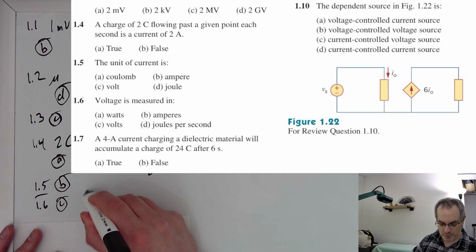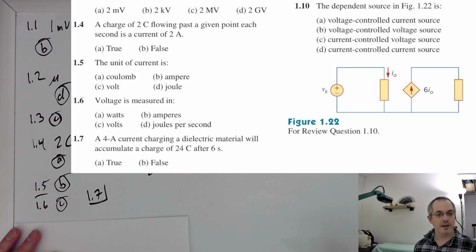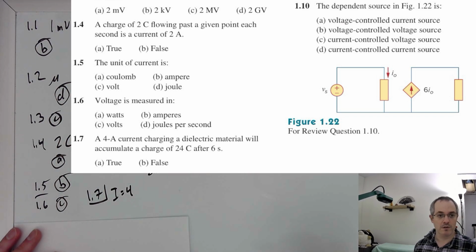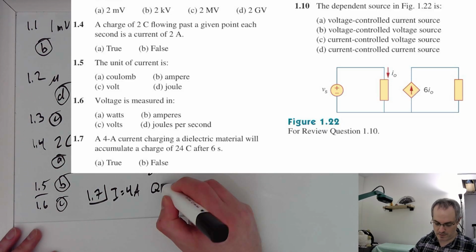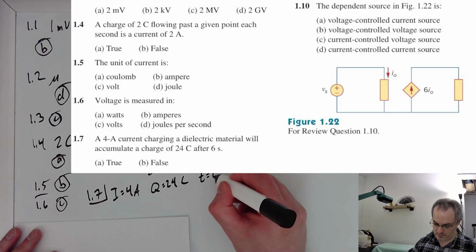All right, so 1.7, a 4 amp current, so I equals 4 amps, charging a dielectric material, okay, whatever, will accumulate a charge of 24 C, so Q equals 24 C, after 6 seconds, so T equals 6 seconds.